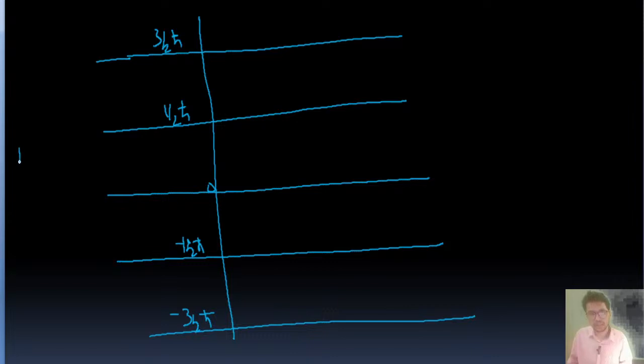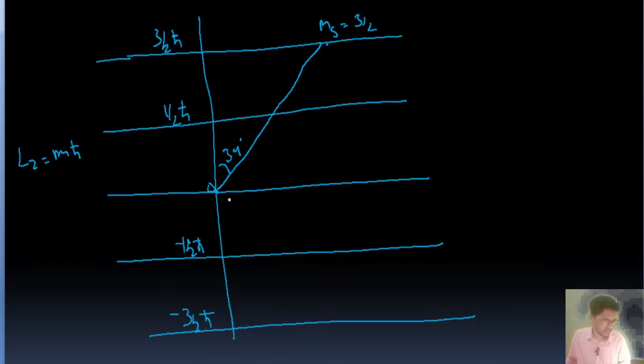And lz value is going to be m h cut. Now this angle like this is 0. The first angle is this one, 39 degree for ms value 3 by 2.